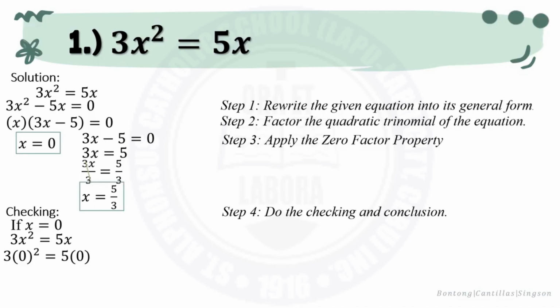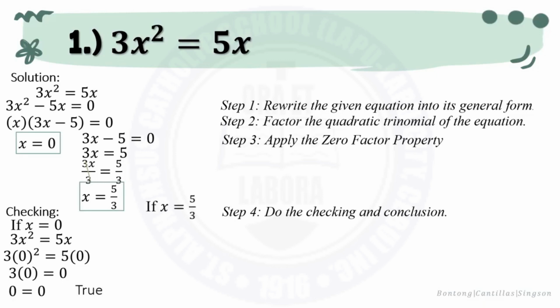But always remember, on the left side of the equation, 3 times 0 squared. Remember to use PEMDAS every time you simplify a given equation. So 3 times 0 squared first. You will have 3 times 0, because 0 squared is 0, equals 0. Simplify, 0 equals 0, and that is true.